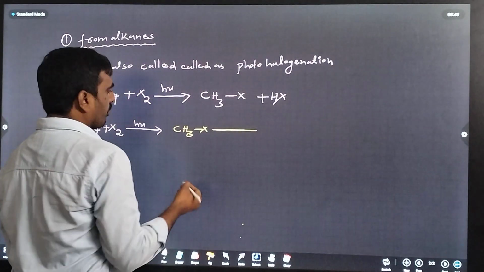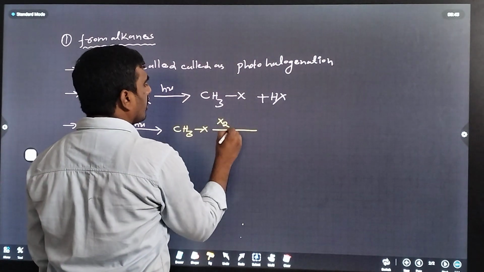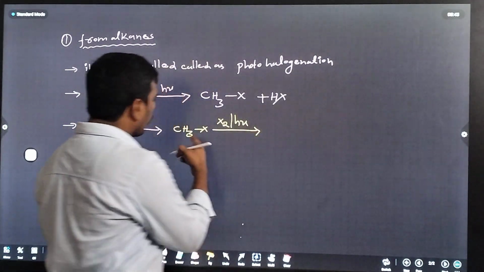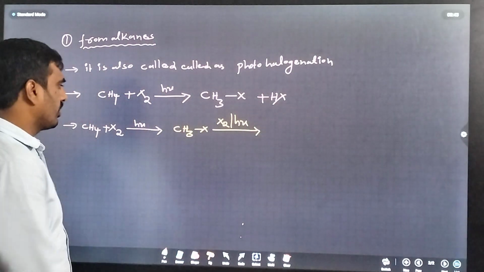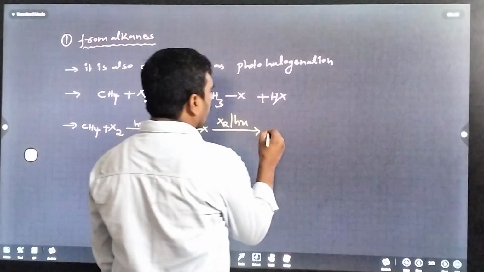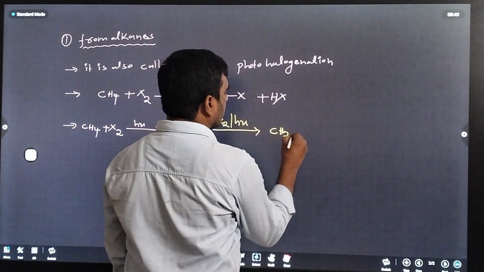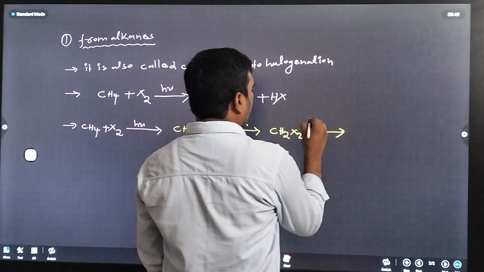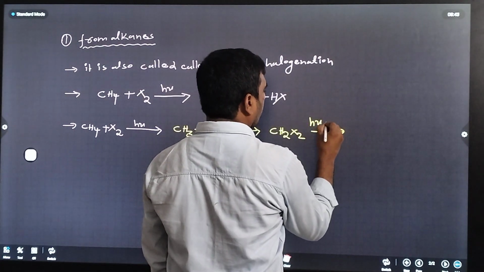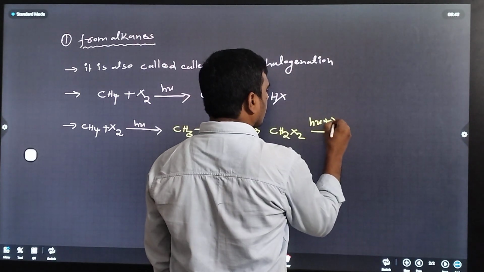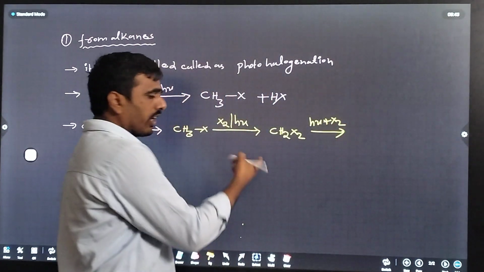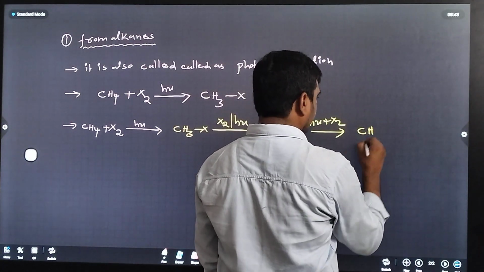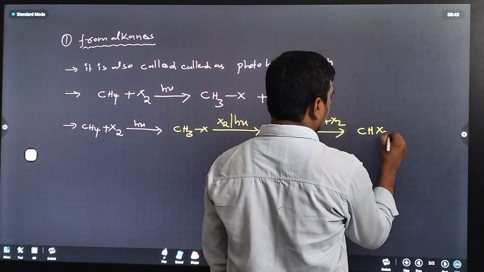With one more halogen in sunlight, one more hydrogen is replaced and we get CH2X2. With one more halogen, another hydrogen is replaced and we get CHX3.